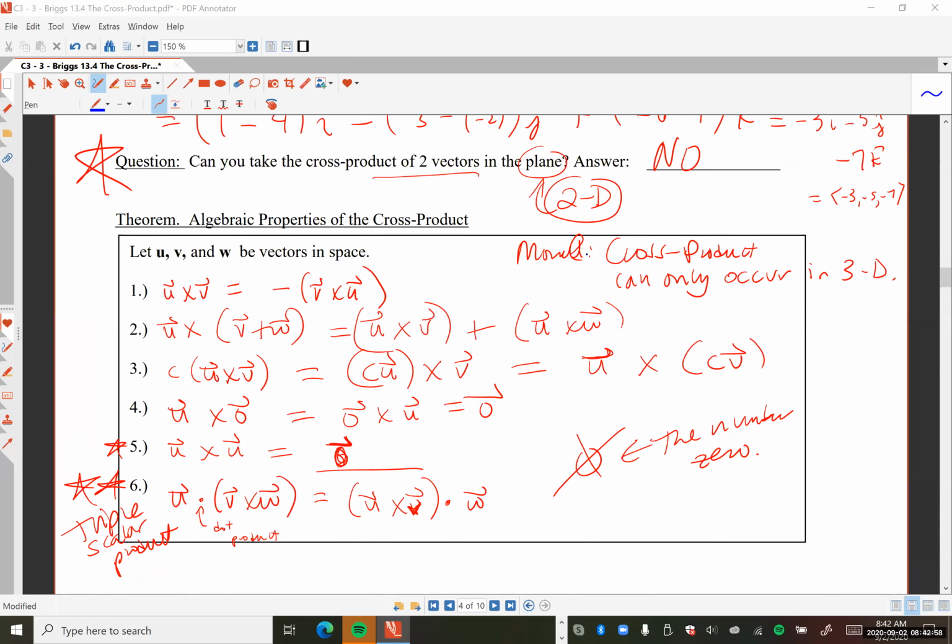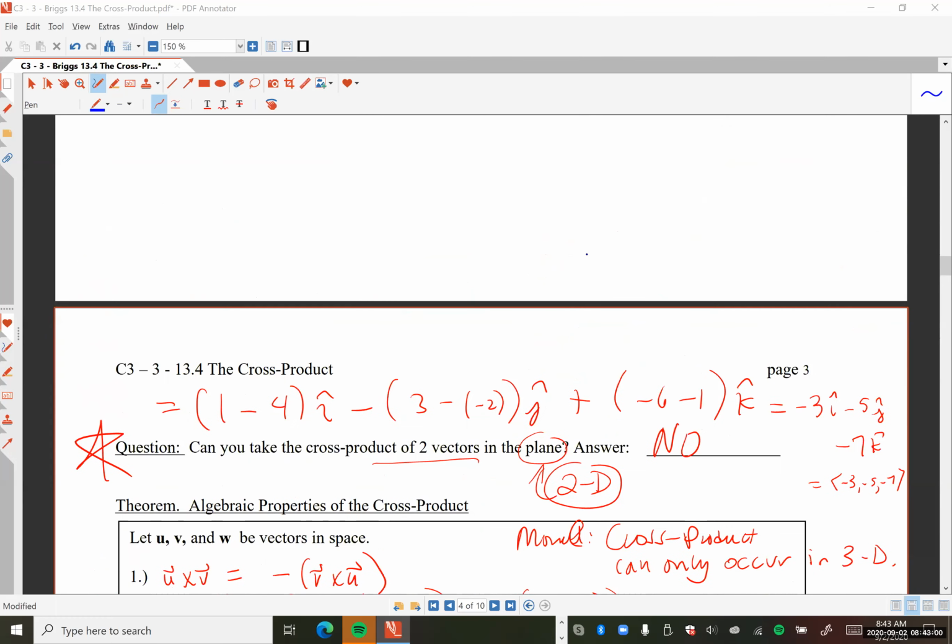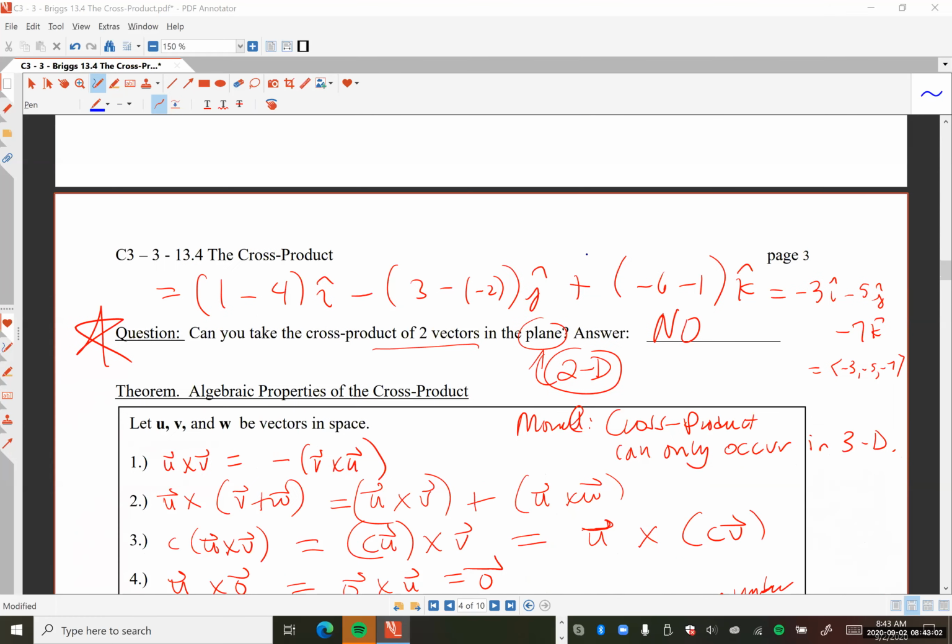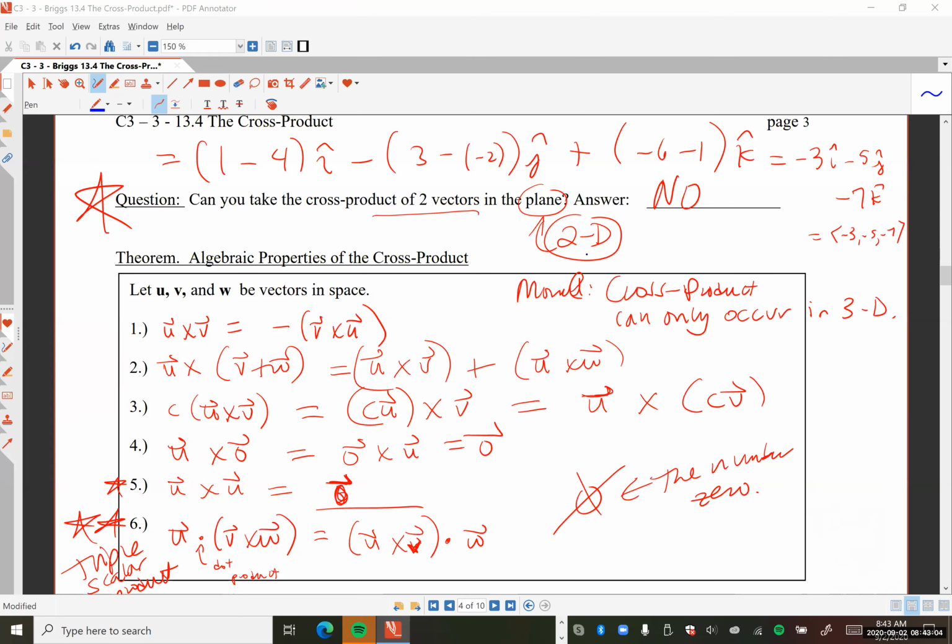No. On your theorem of algebraic properties of the cross product on number 6, when you have a vector times the cross product of two vectors, you can. Yeah, but hang on a minute, Rosie. This involves three completely different vectors, u, v, and w.